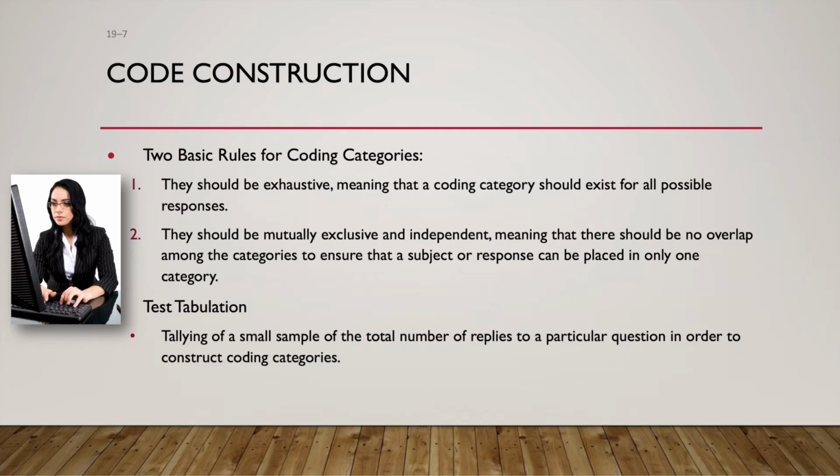For instance, one of the themes or codes that I looked at was dissatisfaction. And I had to make sure I defined dissatisfaction so that I wouldn't confuse it with something else that might be frustration. You can get frustrated but not totally dissatisfied with something.